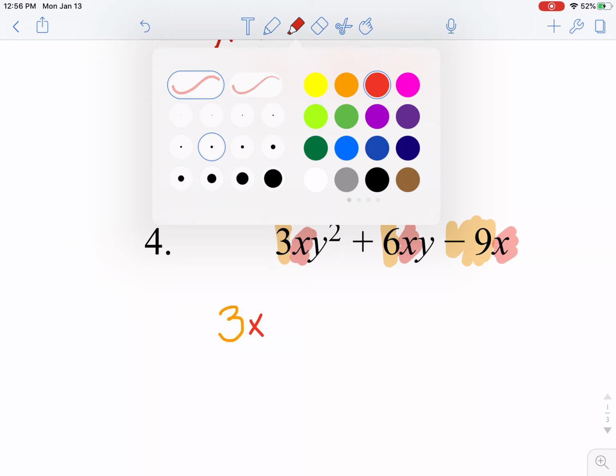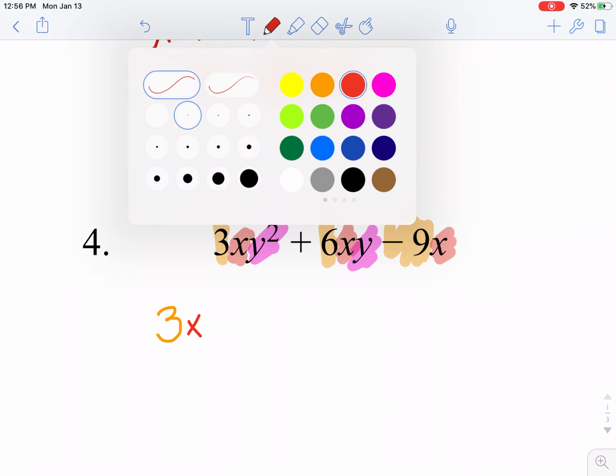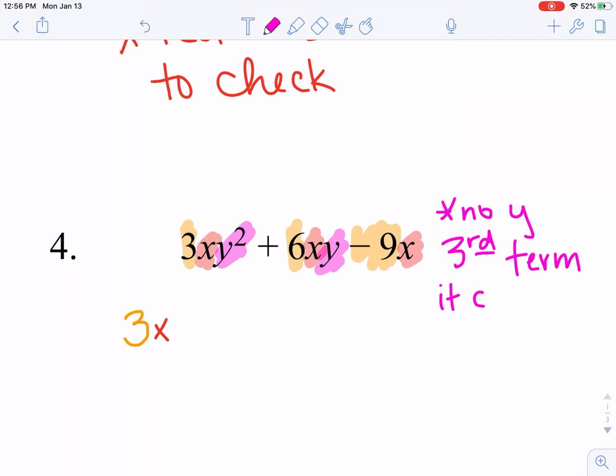Now we want to look at that y variable. Our first term has a y squared, our second term has a y, but our third term does not have a y. So since there is no y in our third term, it can't be factored out.